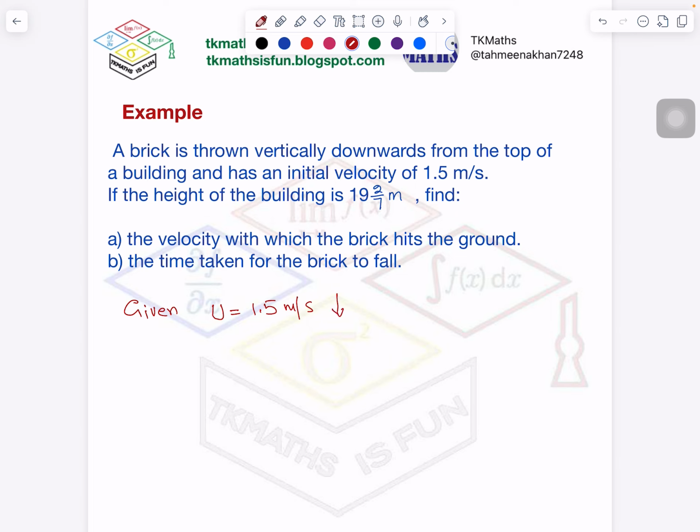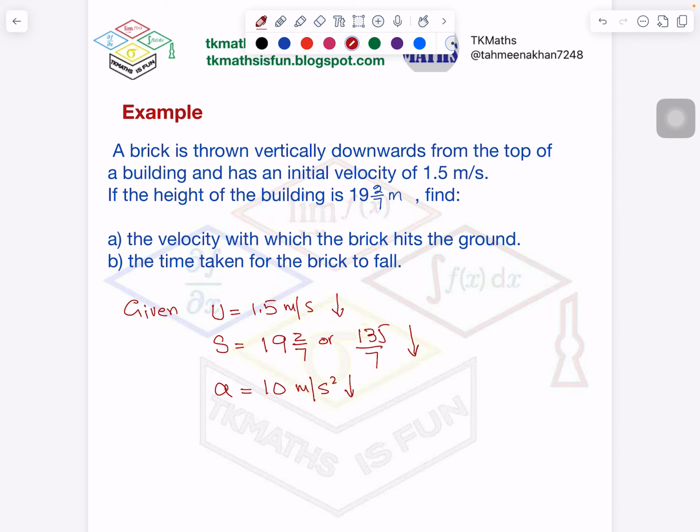And the height of the building, which will be the displacement covered by the brick, is 19 and 2 upon 7, which in fractional form is 135 upon 7. Please keep the calculator with you if you want to calculate along. The arrow is again downward because from the top of the building it is coming down. And acceleration will also be acting downward, which is 10 meters per second squared.